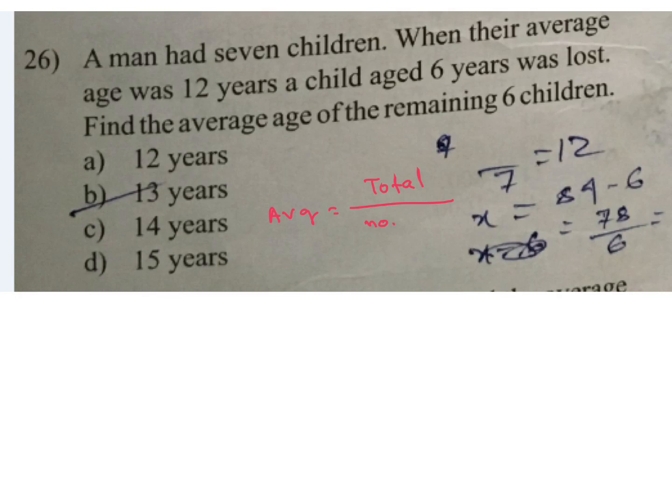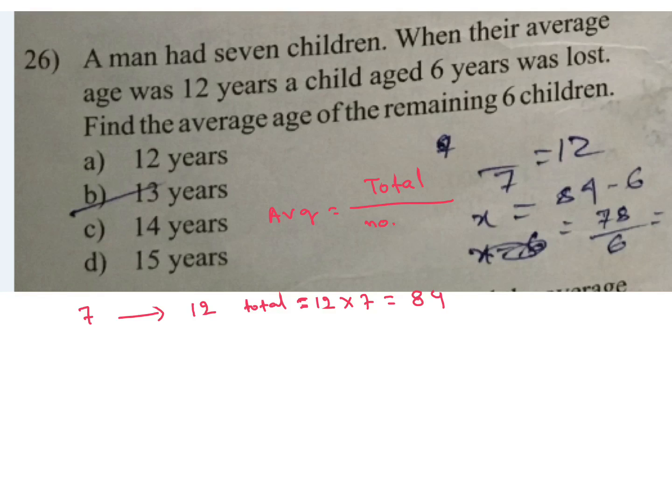So first, 7 children, average is 12. So total is 12 into 7, 84. Then in the second case, a child aged 6 years was lost.